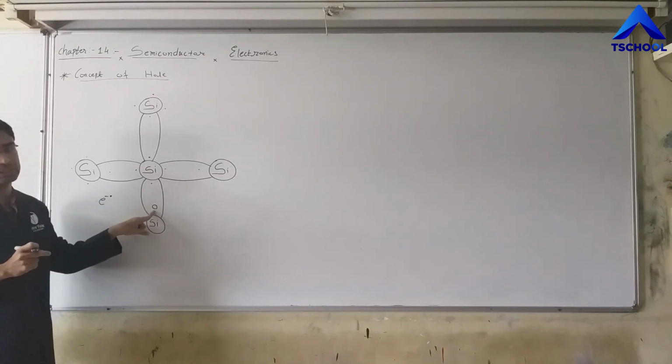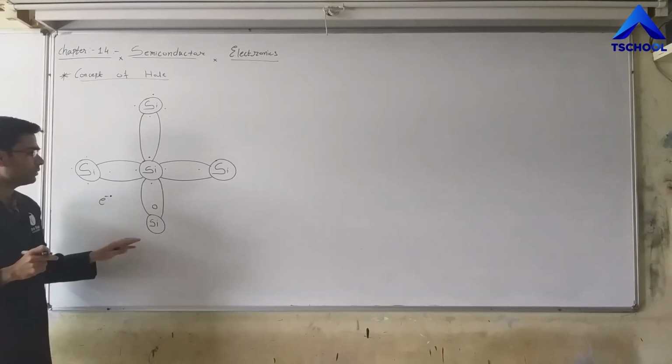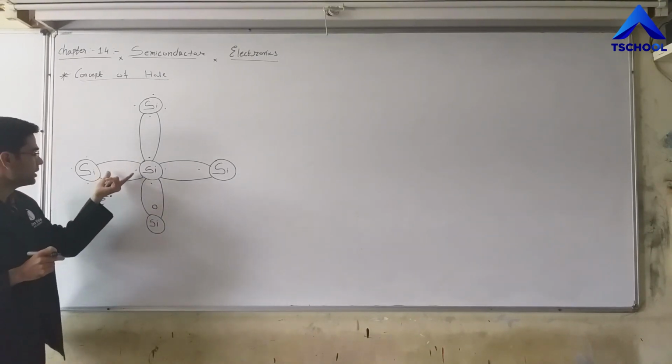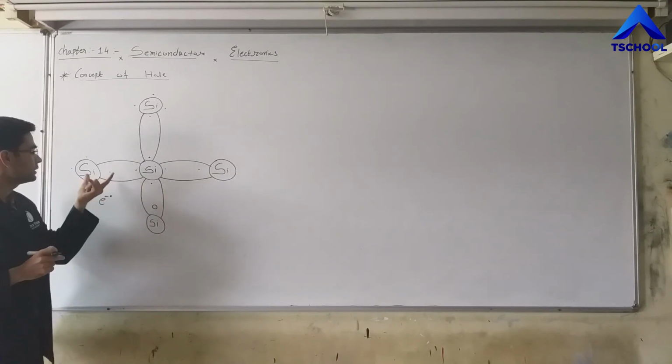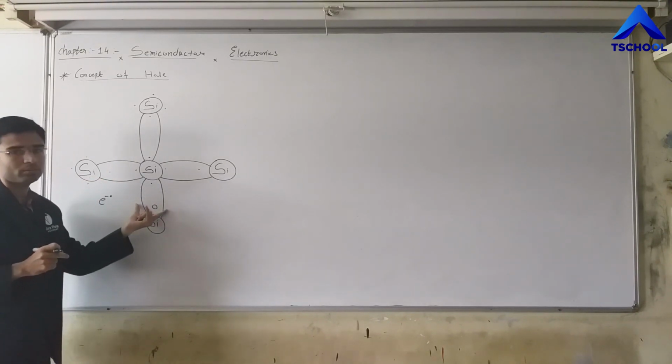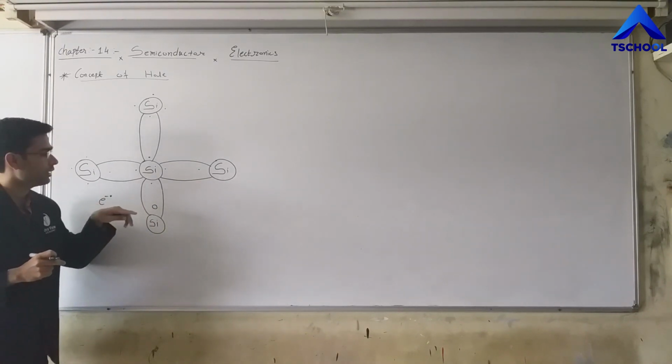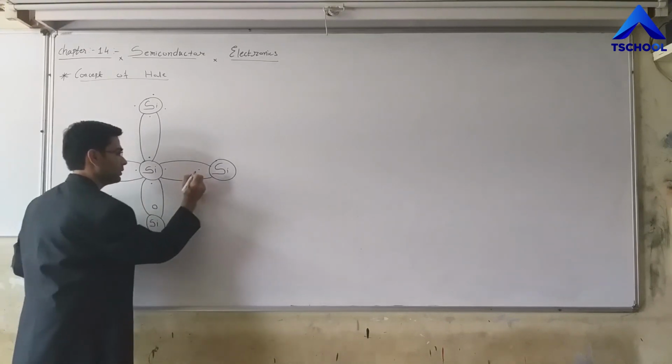Now we again continue to increase the temperature of the silicon structure and thermal oscillation starts again speedily, and another electron becomes free from here.